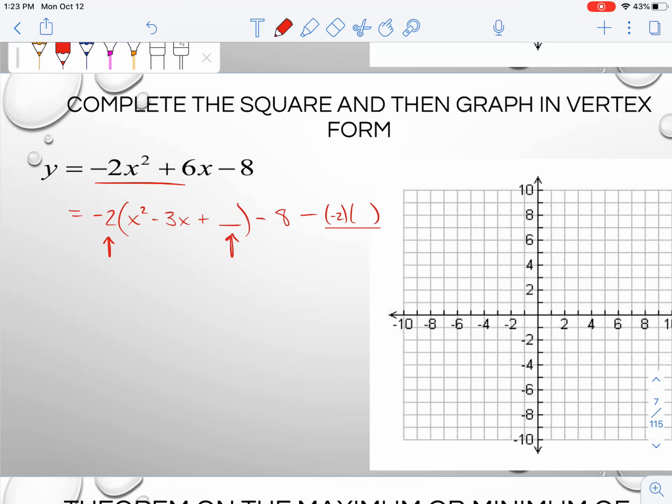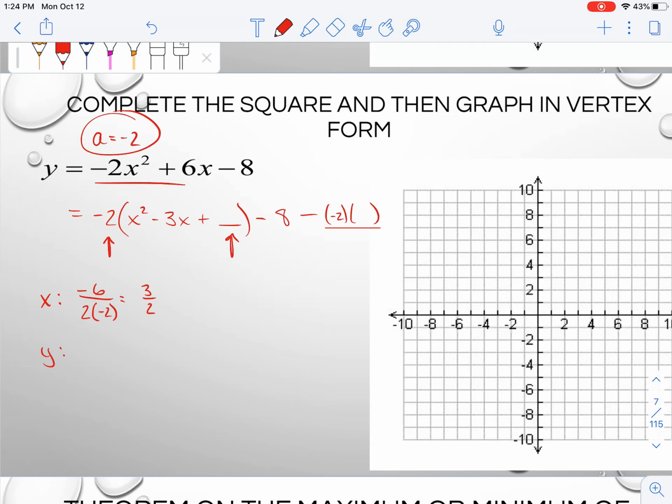You're more than welcome to do that, or you can use that vertex formula. So the vertex formula, right, I know here a is -2. It's going to be -2 regardless. Okay, so when I complete the square, or when I use that vertex formula, a is still going to be -2. So I'm going to have the opposite of b over 2 times a, right? So here I'm going to have -6 over -4 or +3/2.